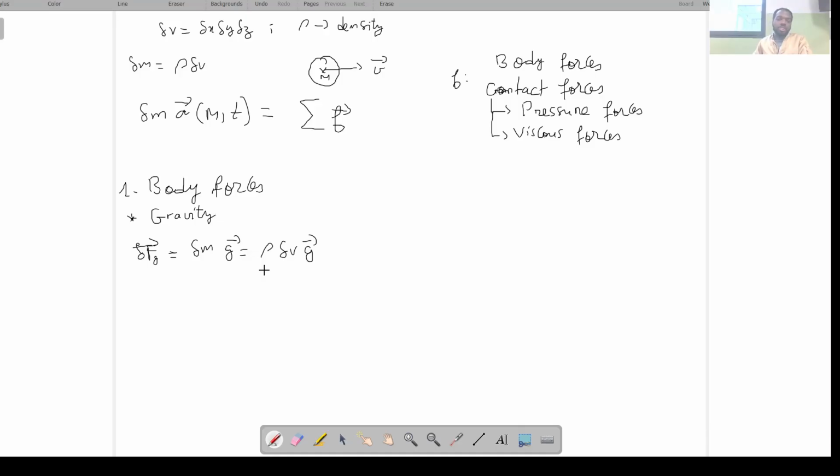So the key idea here is that to work in the Navier-Stokes equation framework, we define forces per unit volume.